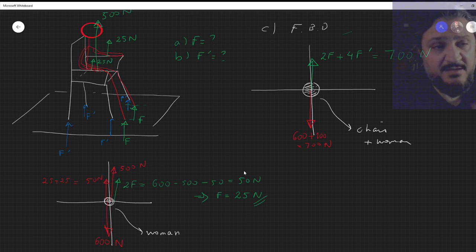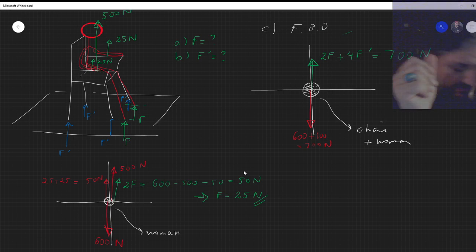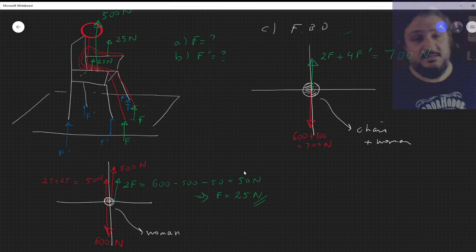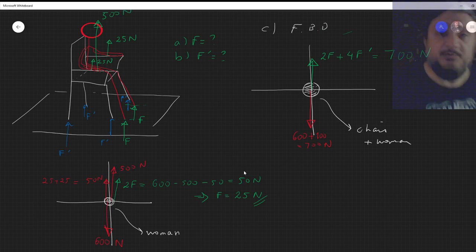Now, keep in mind, this is based on my picture. What I understood from the wording of the problem is each armrest exerts an upward force of 25. Okay, so I understood correctly, right? And then I thought that the feet will experience equal forces, so that's why I divided by 2, and then you get 25. All right, that's part A, right? F is 25.